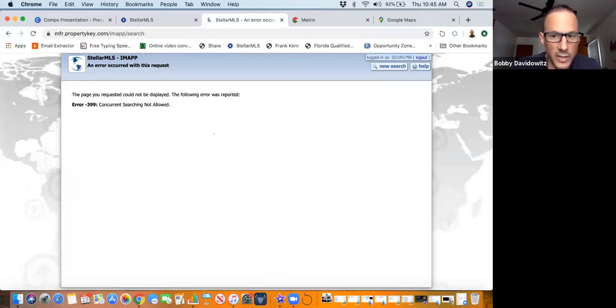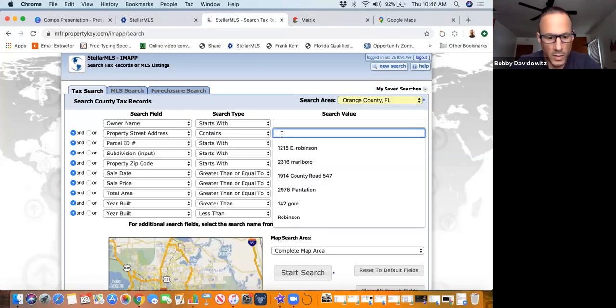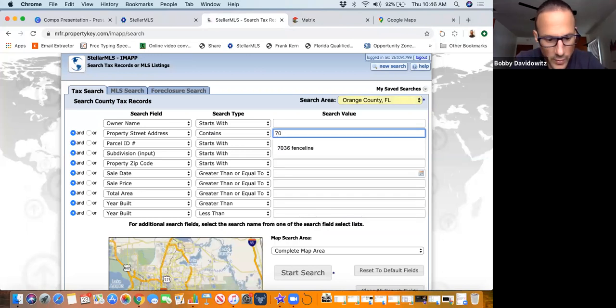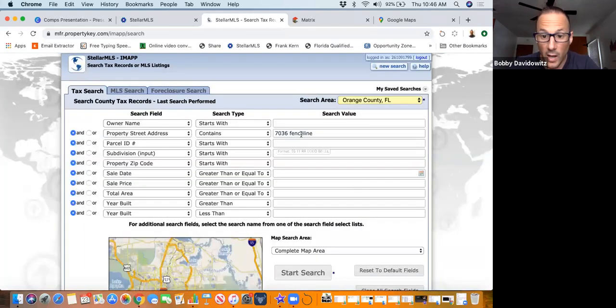Okay, page you requested, there was an error. Okay, try that again. That's weird. 7036 fence line. One more time, no matches. Okay, so let me see. Might be 2 words.